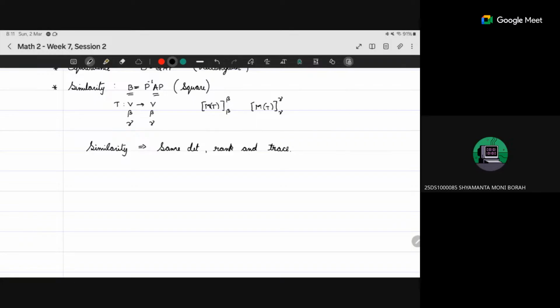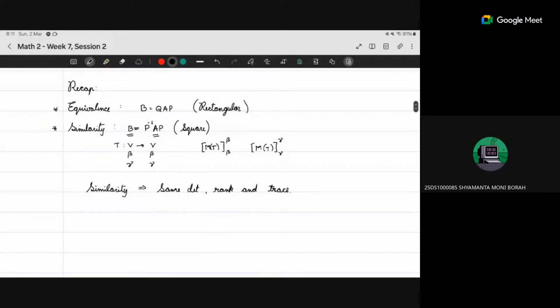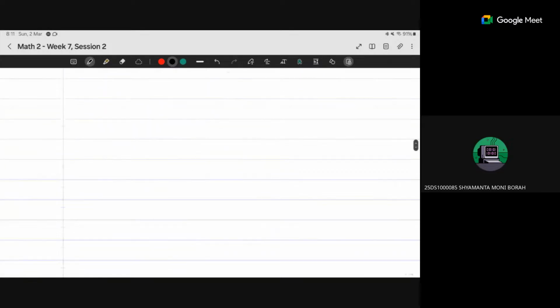So to prove that they are similar is more difficult. This is as opposed to equivalence, where equivalence is if and only if same rank. Equivalence is also easier to verify in the sense that I can just check the rank, and if they are the same, they're equivalent.